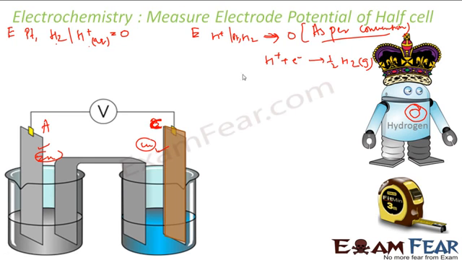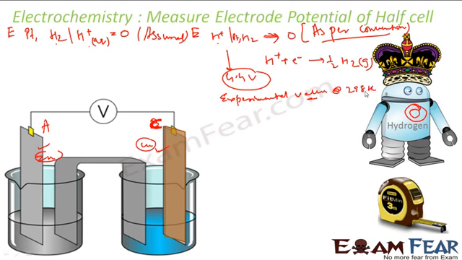Please note here that these are all assumed values. The estimated value is almost 4.4 volt from H+ to H2. That is the actual value, that is the experimental value, at STP at 298 Kelvin, this is the absolute value.